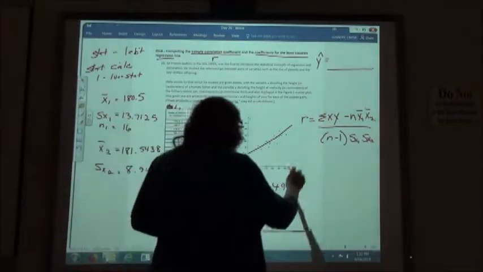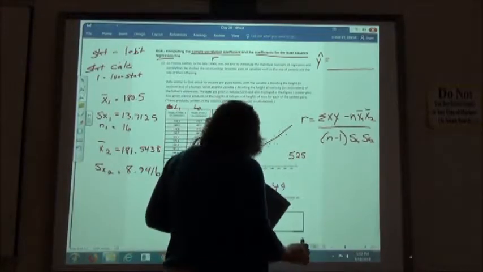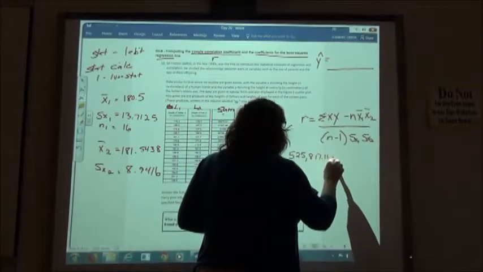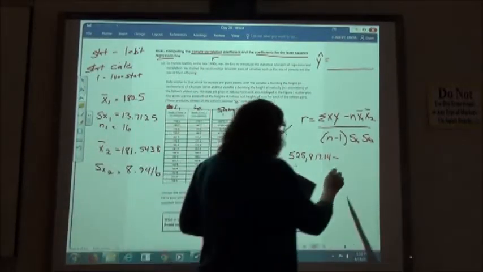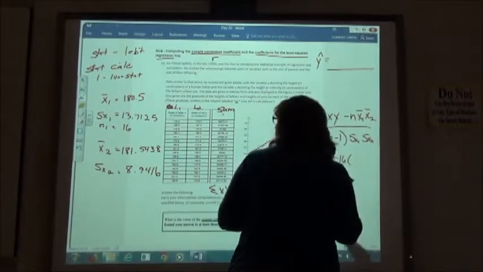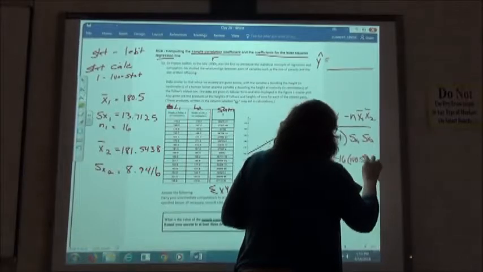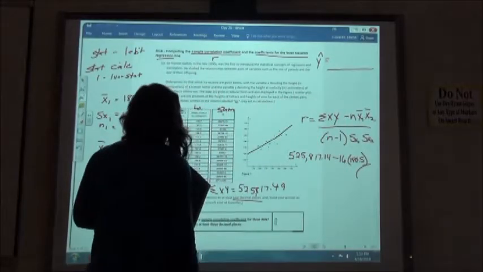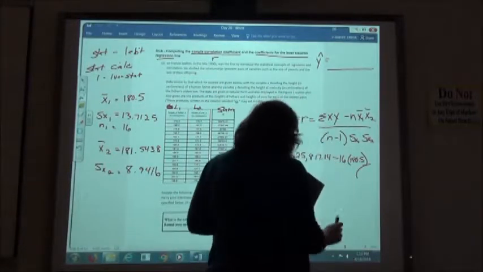So I'm going to take 525,817.49 minus n was 16 times the 180.5 times the 181.5438.